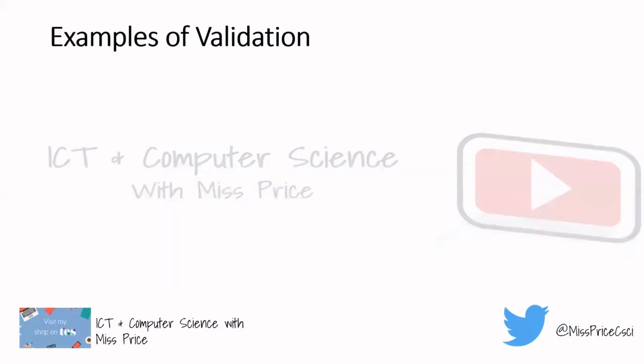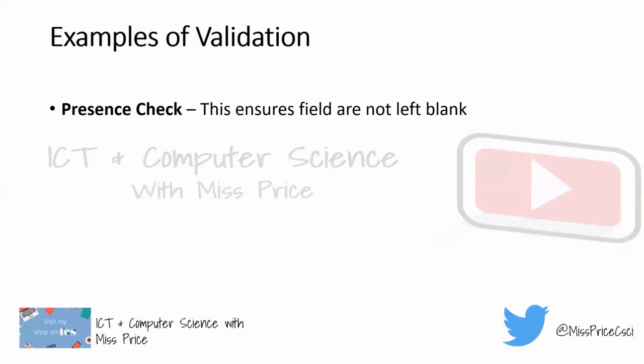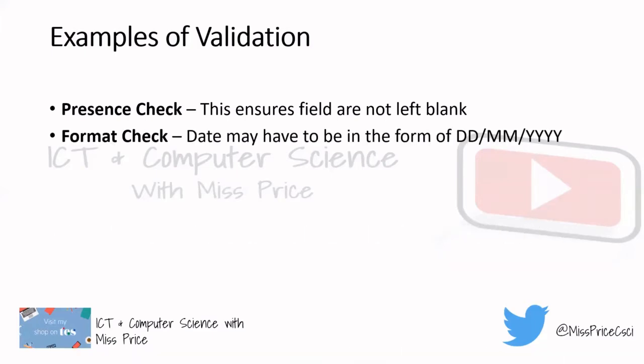So examples of validations are presence check, which ensures that fields are not left blank. Format check, where the date may have to be in the form of 2 digits for the day, such as the 28th, 2 digits for the month, which for June would be 06, and 4 digits for the year.